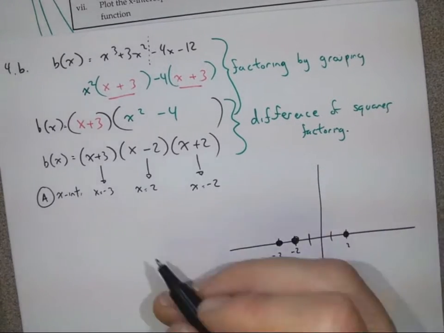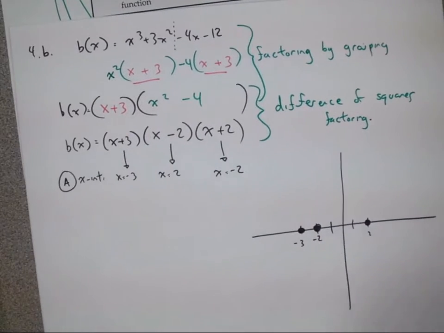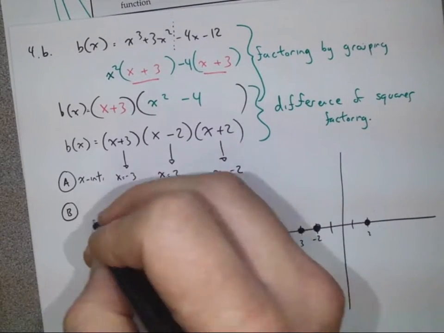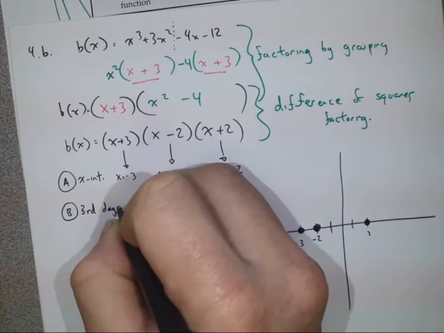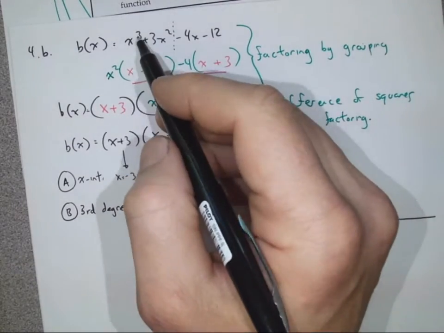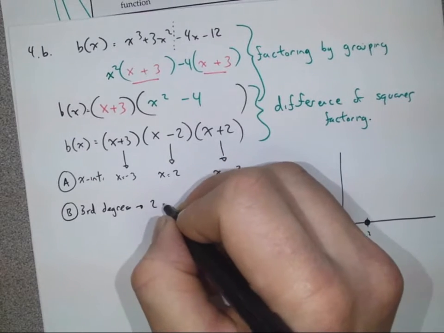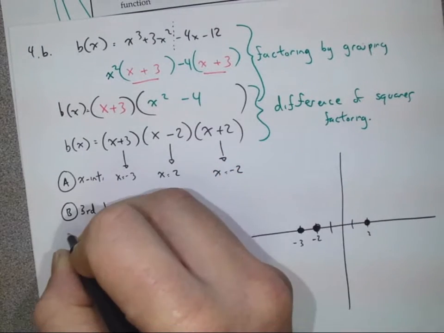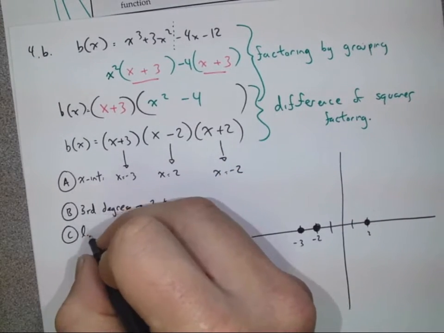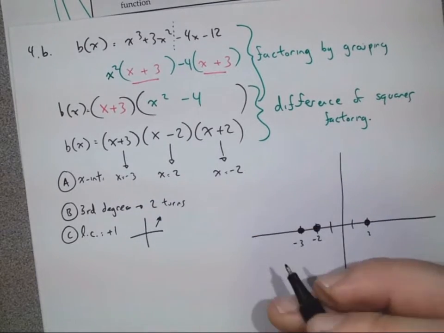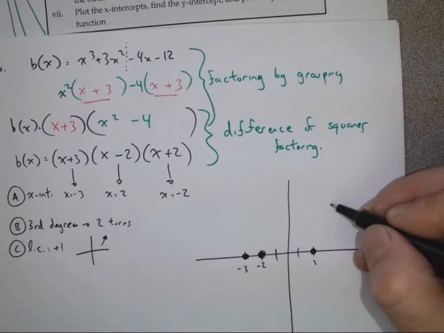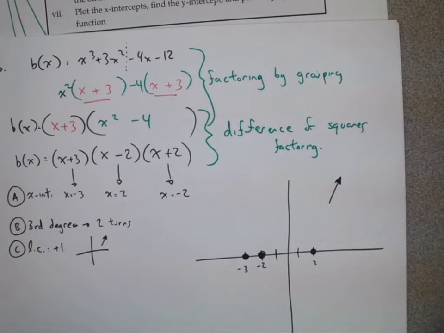All right. Doesn't look like I have any multiplicity, doesn't look like I have any roots repeated. So this is a 3rd degree polynomial. It's a power of 3 here. So we should be expecting 2 turns. And the leading coefficient is +1, so that means it's going to be ending, moving upward. So it's going to look something like that.